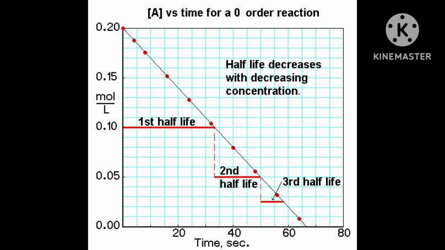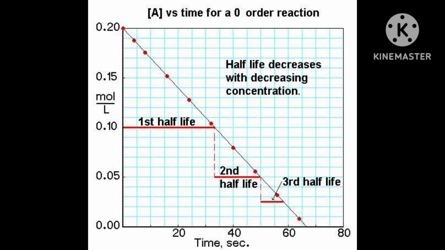Suppose it was 10 mole per liter, then the time taken to convert it into 5 mole per liter, because with time concentration decreases, means 50%, at what time it will happen? That period is called T half.